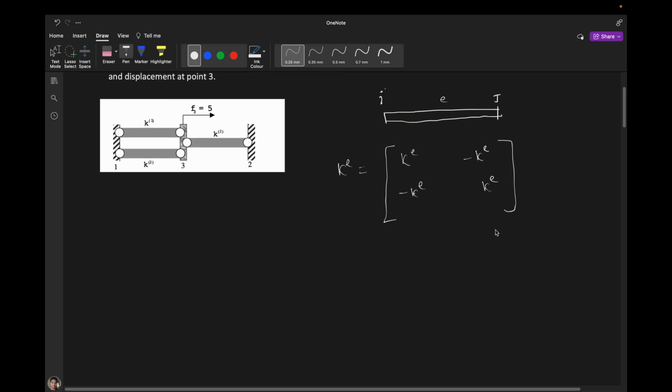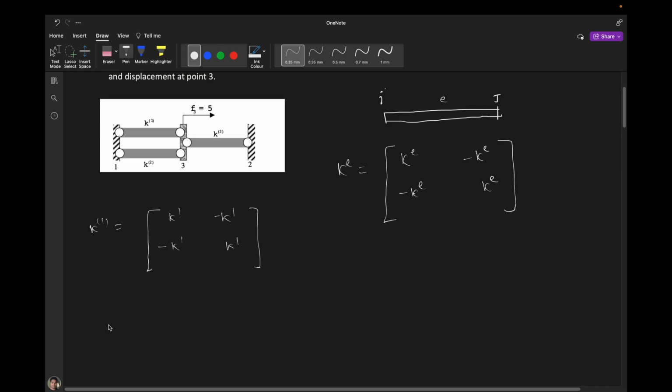You can see that there are three bars. For bar number one, what will be the stiffness matrix? We can write it like this: k1, minus k1, minus k1 and k1.